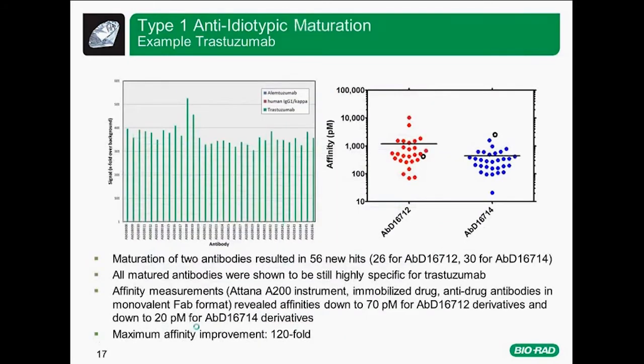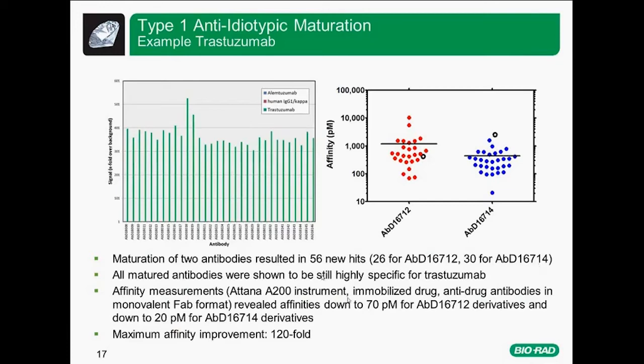So we did exactly the procedure that I've just described, exchanging CDRs and then performing the affinity maturation panning, and ended up with several candidates, 56 new hits which we analyzed, 26 for 16712 and 30 for 16714.